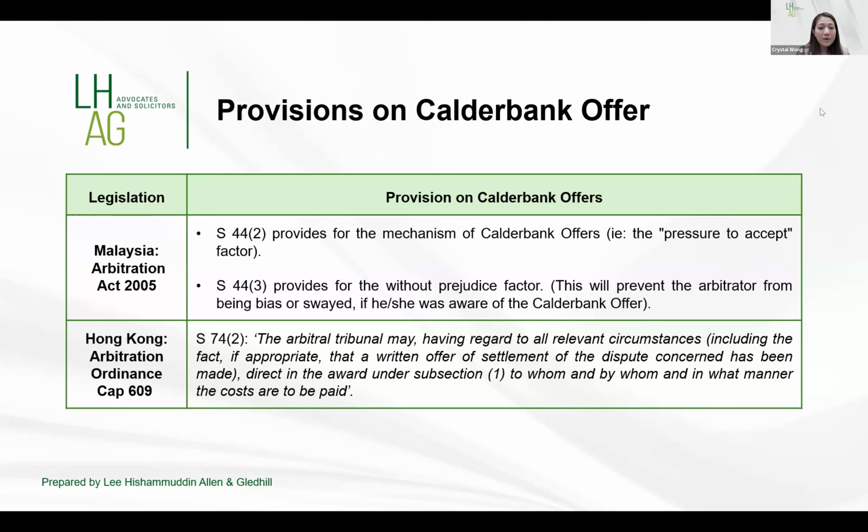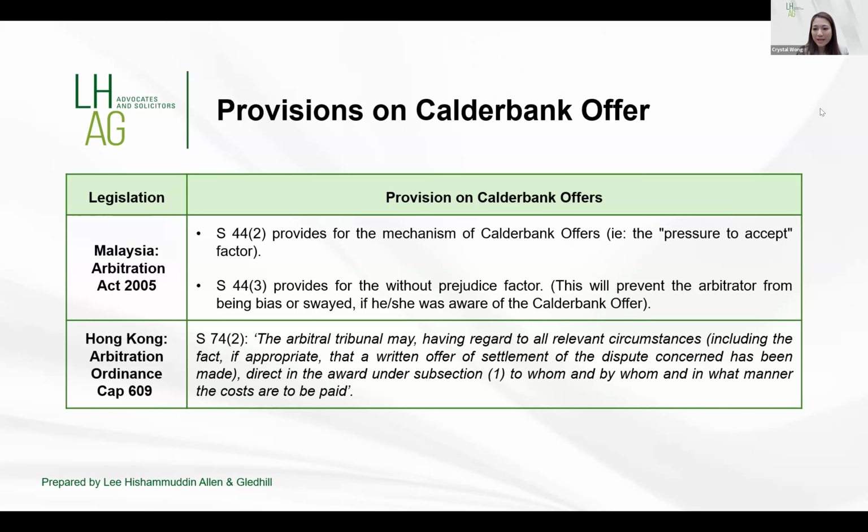So when we are looking at the Calderbank offer, the first thing that we usually zoom into will be the enabling Act itself. When I say it started out from the UK, if you look at the Arbitration Act 1996 of England, you will see that there's no mention of the Calderbank offer. But notwithstanding that, a lot of the time when we read books, either Redfern or the specific book on costs of arbitration, they will say that tribunals are given wide discretion in awarding costs to the parties.